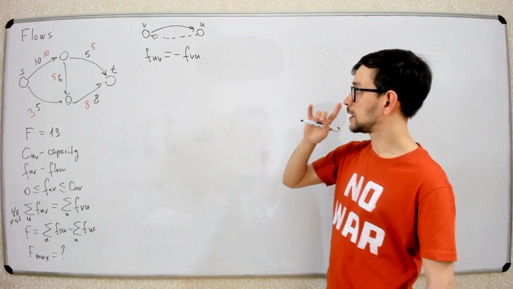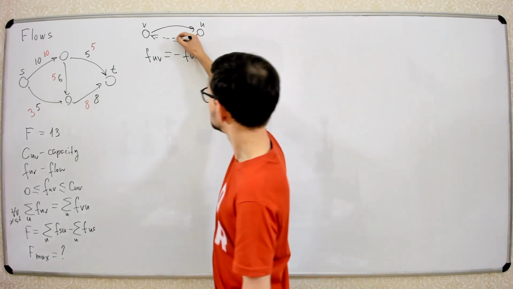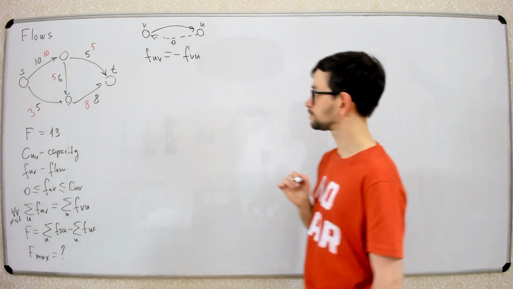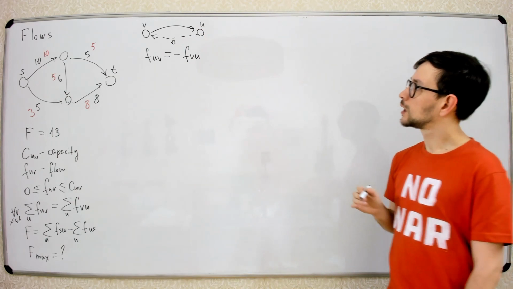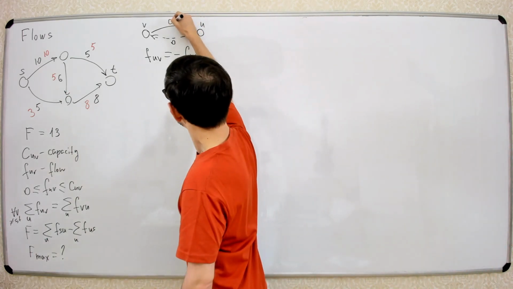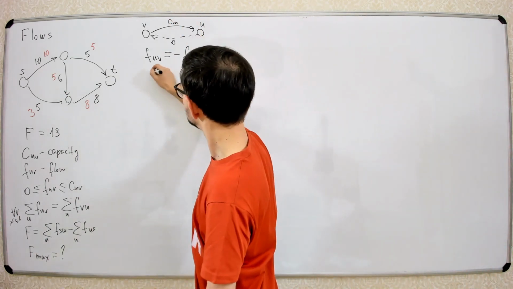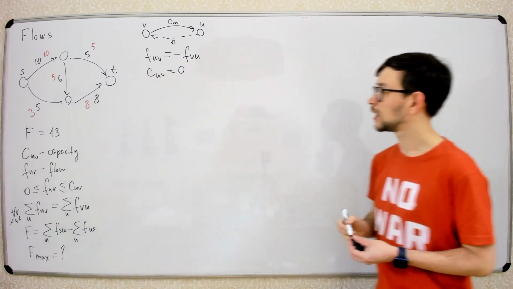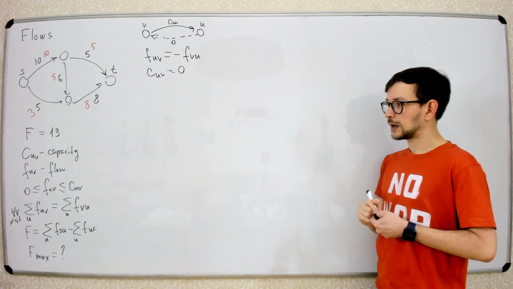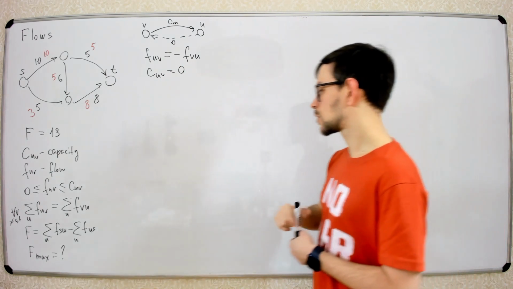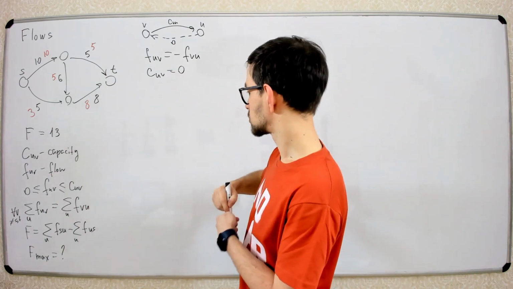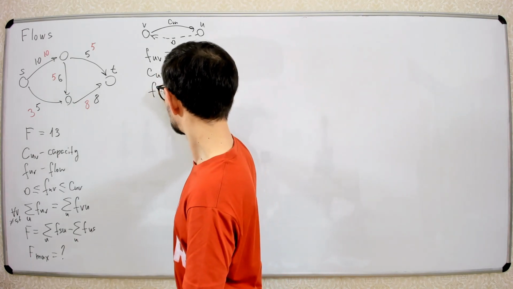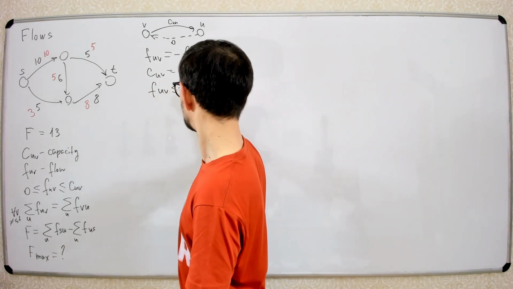We'll say that the capacity of this reverse edge is 0. For the original edge, we have capacity CUV, and we'll say that CVU is 0. Now let's talk about this equation. For this equation, we can just say that FUV is no more than CUV.